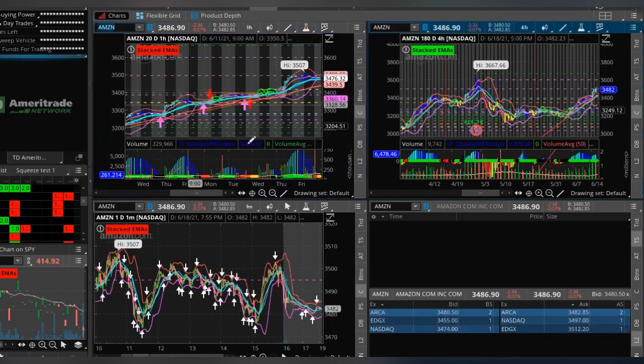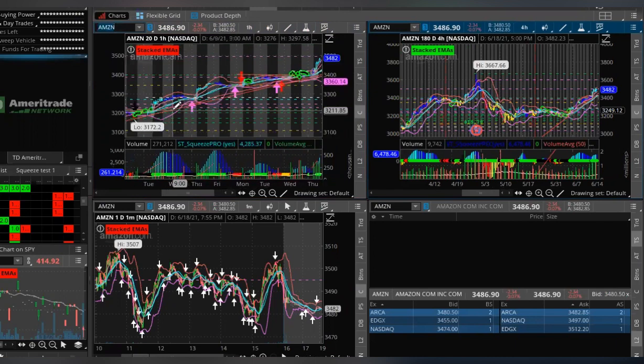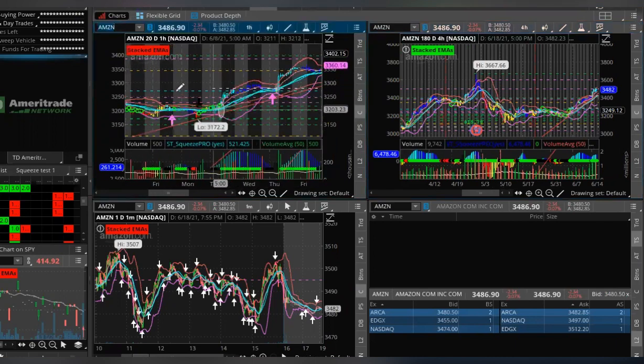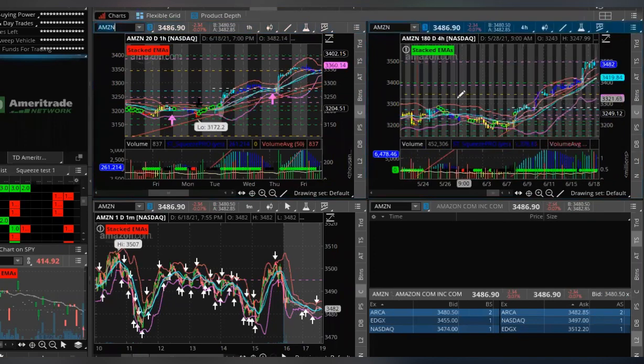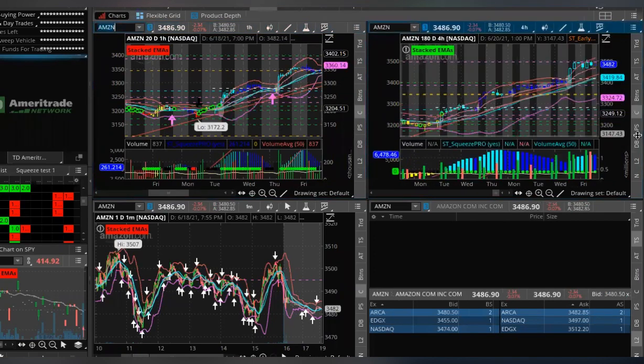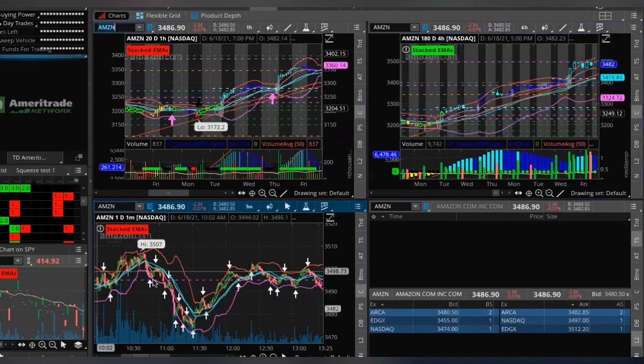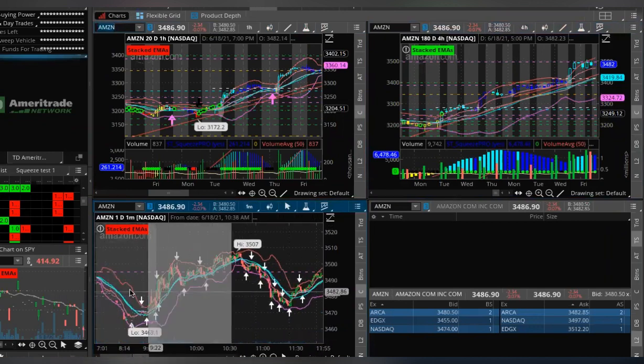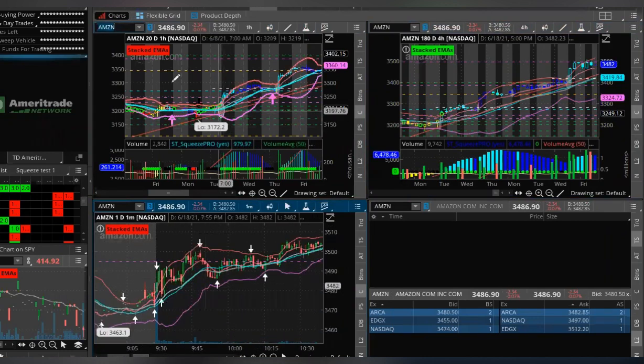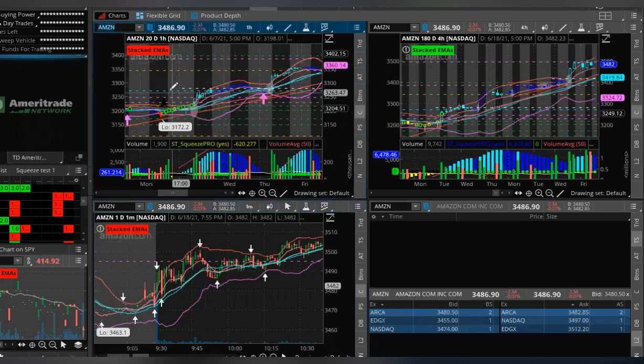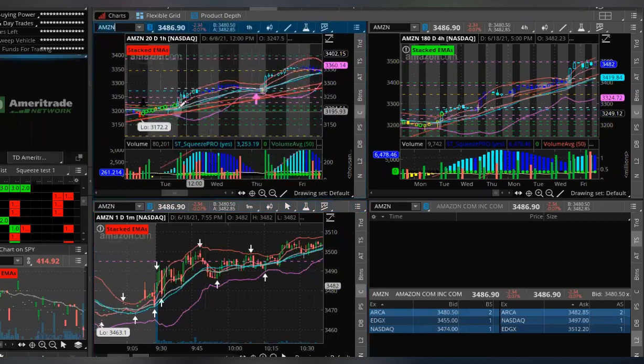All right, so Amazon. So we've been identifying tight ranges. So we've been identifying the trends. Check this out. Been playing Amazon for the past 2 weeks. I think by far this is probably the easiest 2 weeks I've ever had to trade as far as identifying trends and taking advantage.